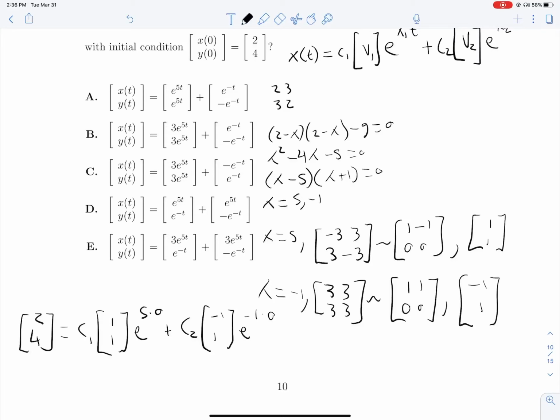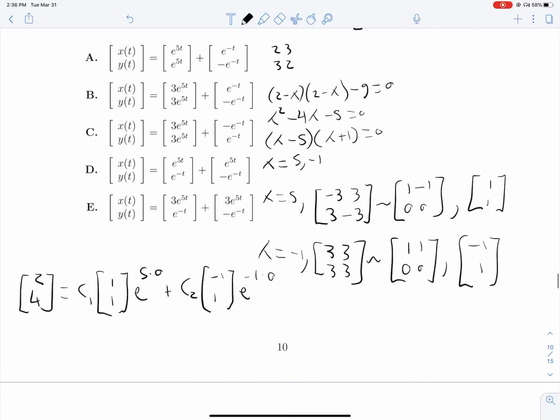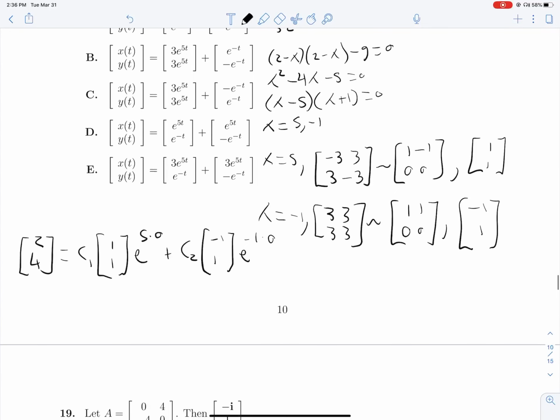And when I said lambda, I meant 1. Because both of these e terms will go right to 1, we can solve this as an augmented matrix, 1, 1, negative 1, 1, and all that's equal to 2, 4.